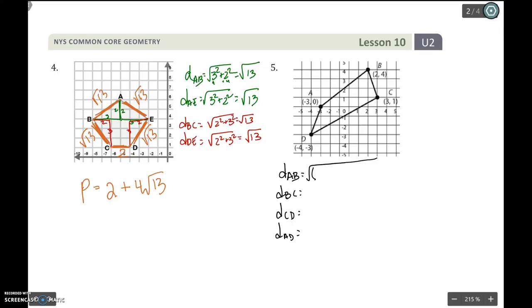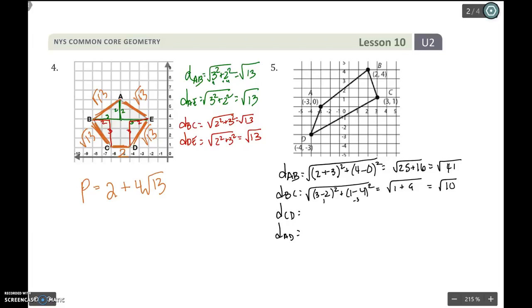So for A to B, x2 minus x1 squared and y2 minus y1 squared. This would be 5 squared plus 4 squared, which is 41. BC, we have x2 minus x1 squared, y2 minus y1 squared. 3 minus 2 is 1 squared is 1. 1 minus 4 is negative 3 squared is 9.